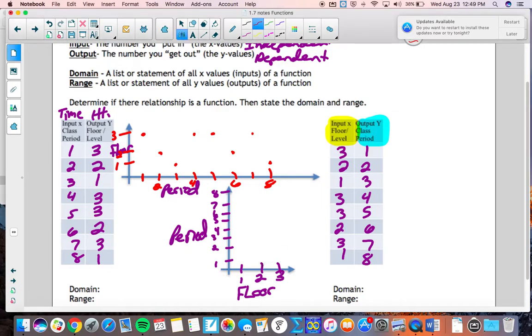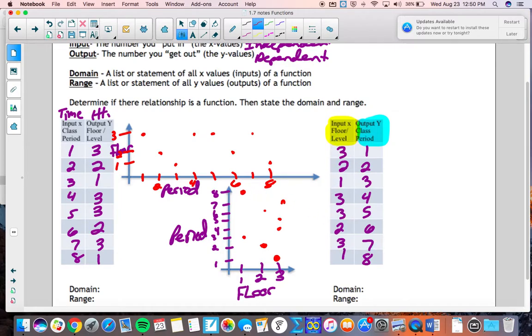So that's right there. It doesn't really make sense per se, but there we are. When we're on floor 2, we're at class period 2. Floor 1, class period 3. Floor 3, class period 4. Floor 3, class period 5. Floor 2, class period 6. Floor 3, class period 7. Floor 1, class period 8.